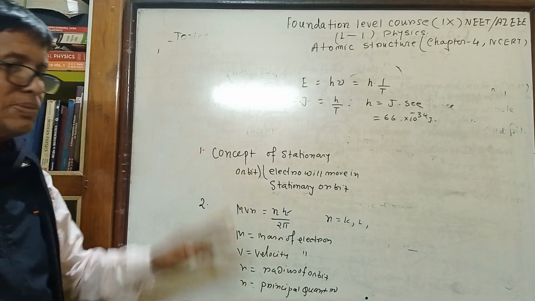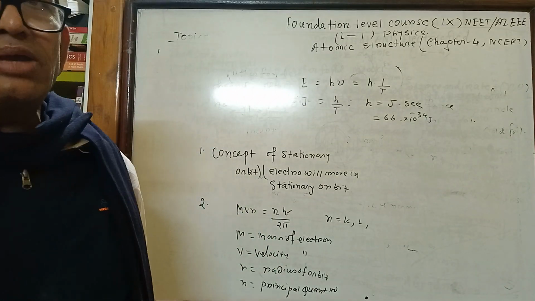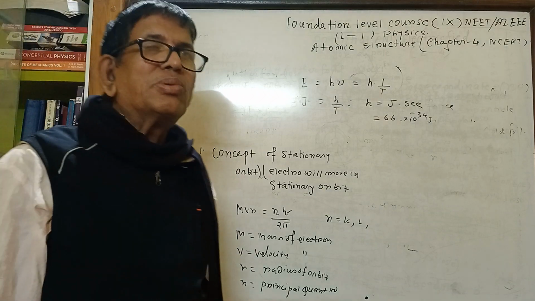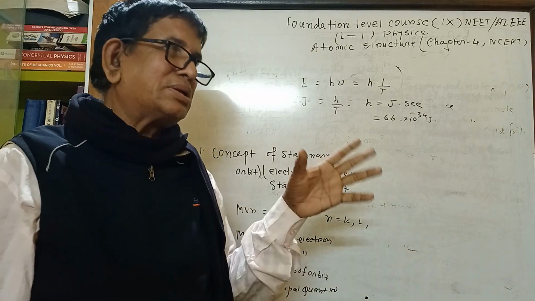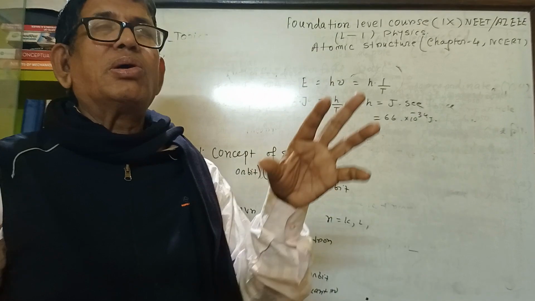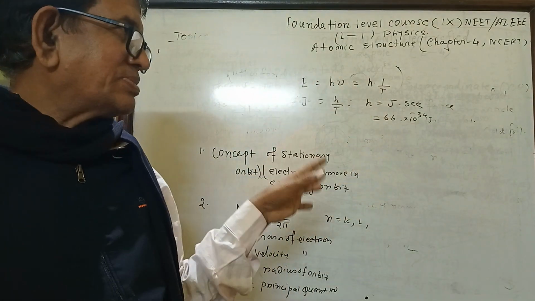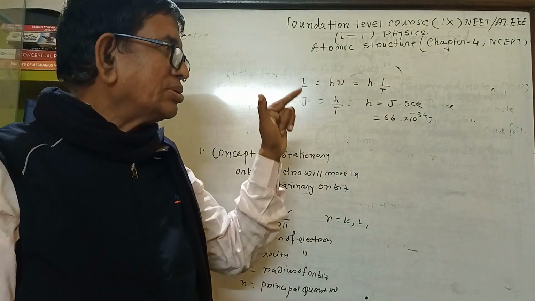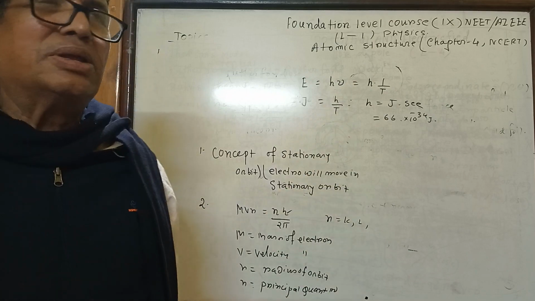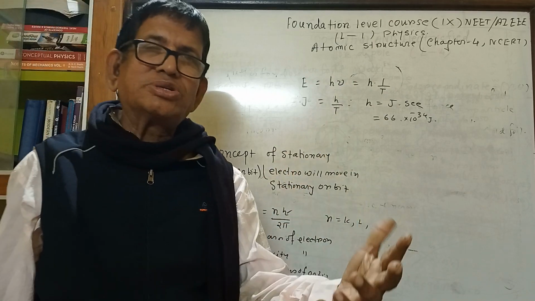I have started this foundation level course from Sir Royal Physics. In the middle, one thing I want to tell: I shall try my level best, compiling all basic concepts from my experience. I am teaching you one by one, chapter wise NCERT, and giving you the most information on the topic.